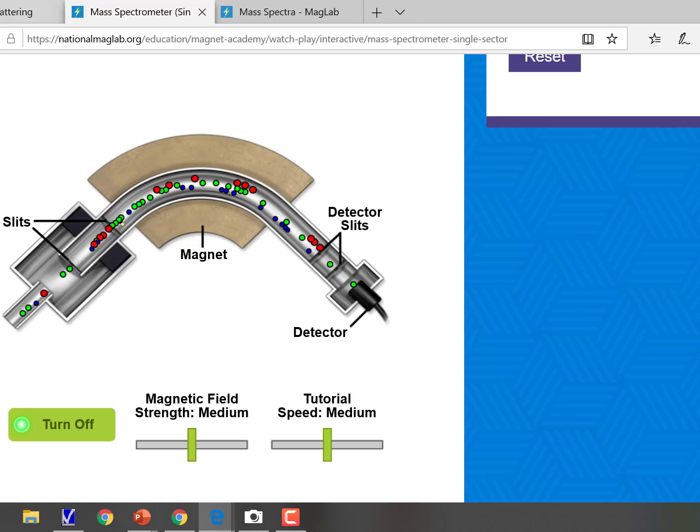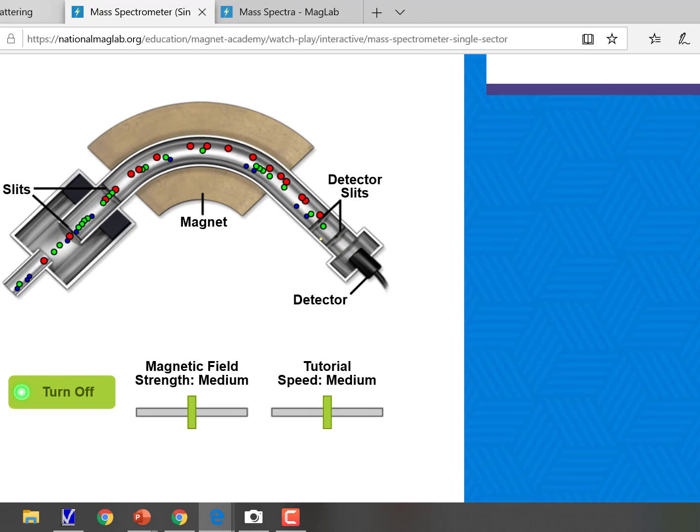Now the magnet, we talked about magnets and charges being at right angles. So Thomson could bend his beam with a magnet. They're bending this beam with a really strong magnet. And when they bend the beam, the heavier ones are harder to turn than the light ones. So they come out separate from each other.